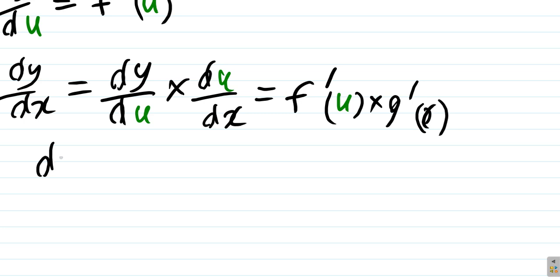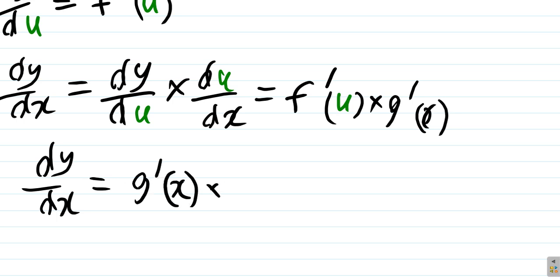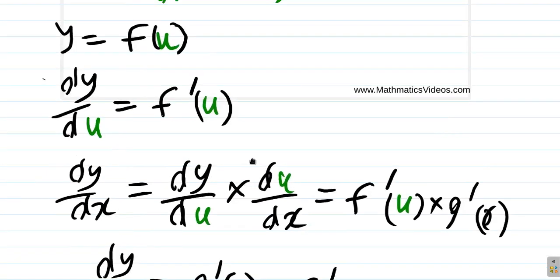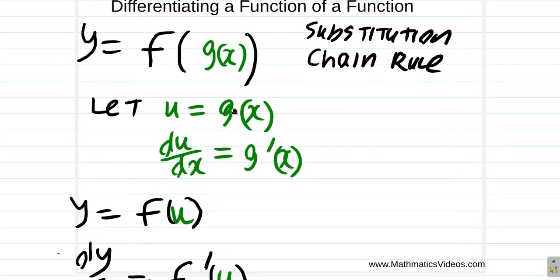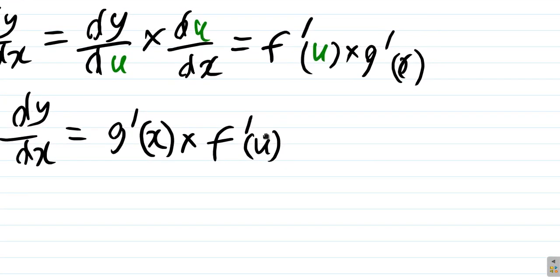So therefore dy by dx is equal to, let's put g prime first, g prime of x multiplied by f prime of u. But what was u again? u was g of x. So it's f prime of g of x.